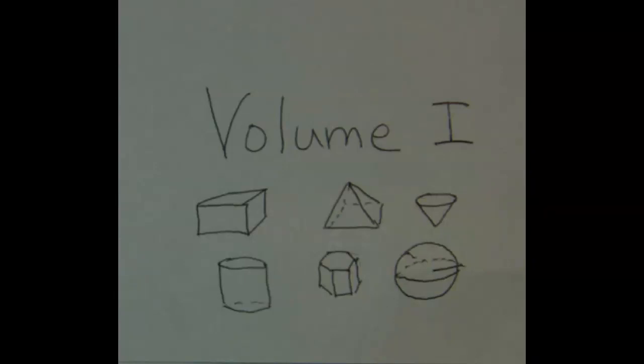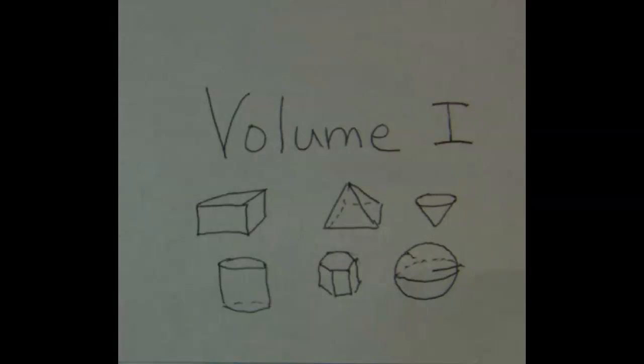Now, if we were having our regular school session, we would actually be doing a lot of different things from volume. Because of our time constraints and we only have a couple weeks left, we're going to be cutting out a lot of stuff.